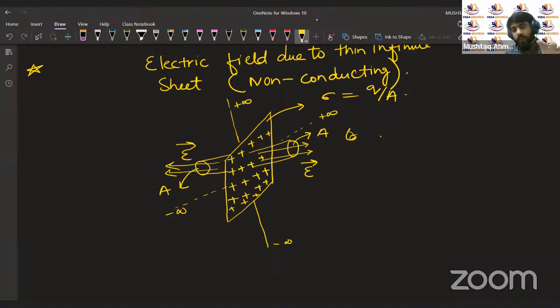Here also no electric field line passes through the curved surface area of this cylinder. So phi through the curved surface is equal to 0 for this cylindrical Gaussian surface. The electric field lines are only passing through the circular portions of this cylinder, so the flux will be contributed by only these two circular portions of this Gaussian cylinder, right?